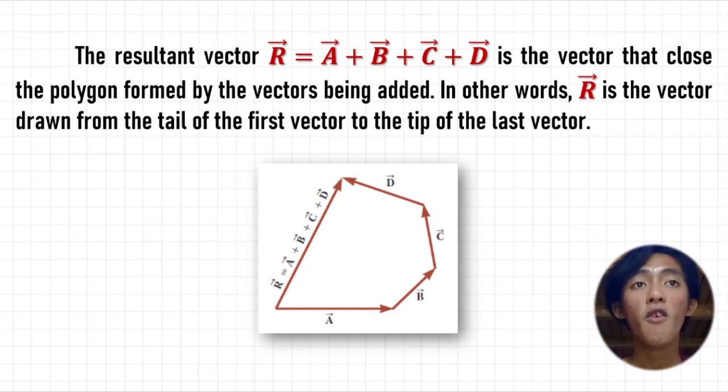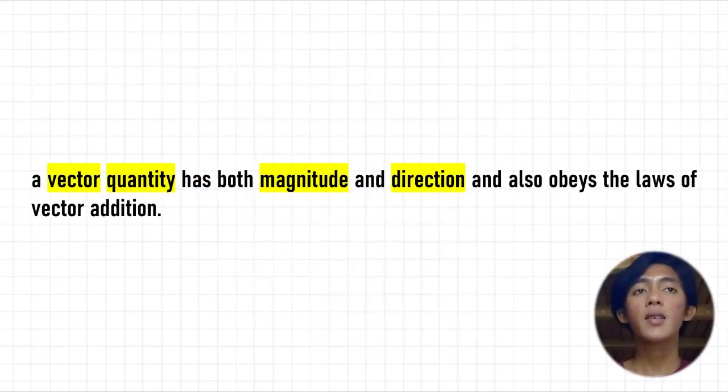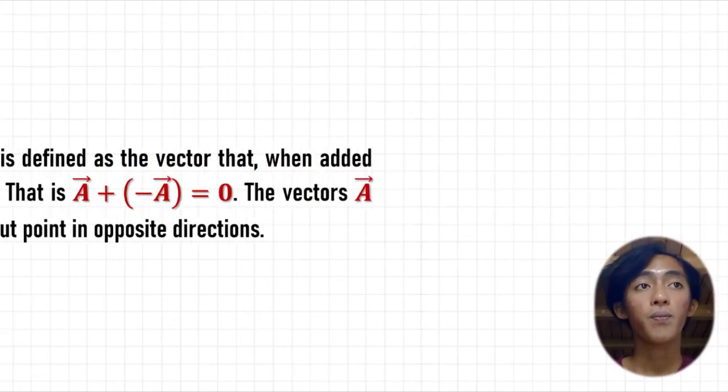In other words, vector R is the vector drawn from the tail of the first vector to the tip of the last vector. Again, the order of the summation is unimportant. In summary, a vector quantity possesses both magnitude and direction, and also obeys the laws of vector addition as described in the figure that I showed.